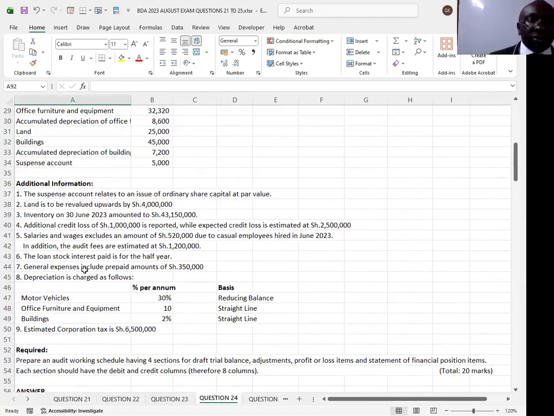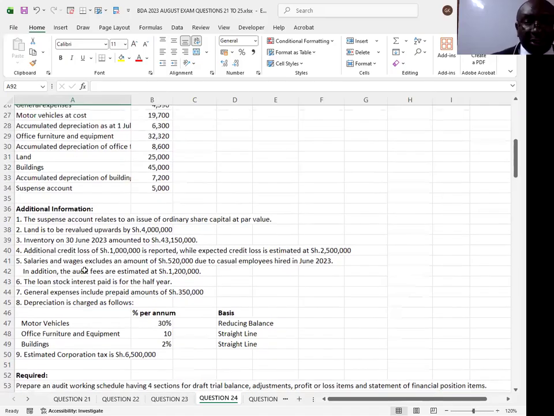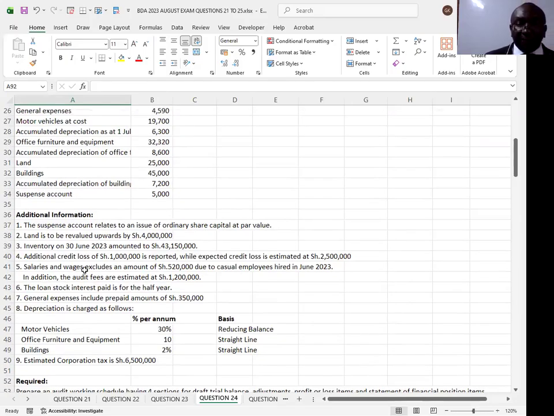Additional credit loss of 1,000 is reported, while expected credit loss is estimated at 2.5. So now this one is introducing two things. They are saying there is additional 1,000 and then the expected is 2,500. So this is the closing balance.